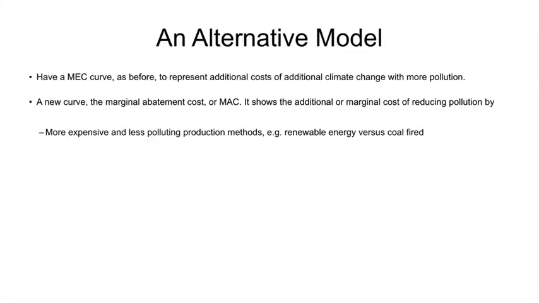We can use more expensive but less polluting ways of producing the electricity. So we could close down our coal-fired power stations and initially move to gas. And then we could close down our gas-fired power stations and use wind or solar or even nuclear. Under current technology, these are more expensive ways of producing electricity.